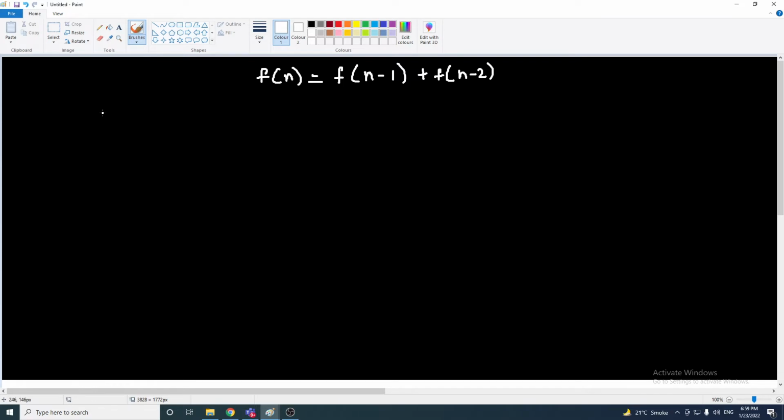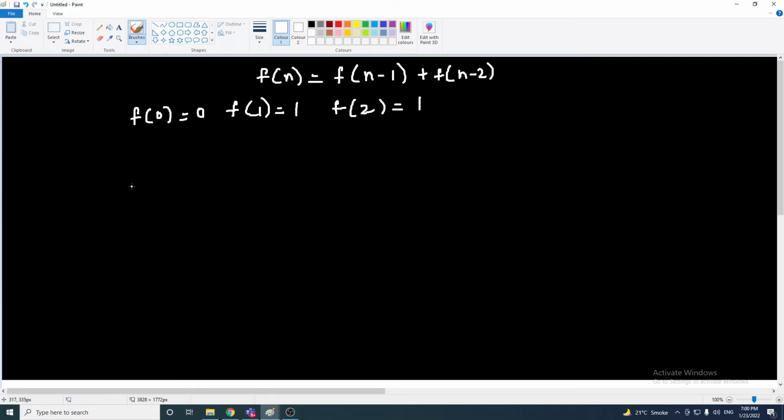Before going ahead with the matrix multiplication, these are the prerequisites to form the matrix that is going to help us find the further terms. So what are those terms? We have f of 0, which is equal to 0, and then we have f of 1, which is equal to 1, and then we have f of 2, which is also equal to 1.